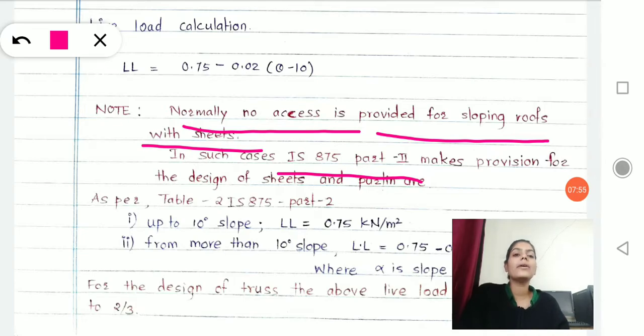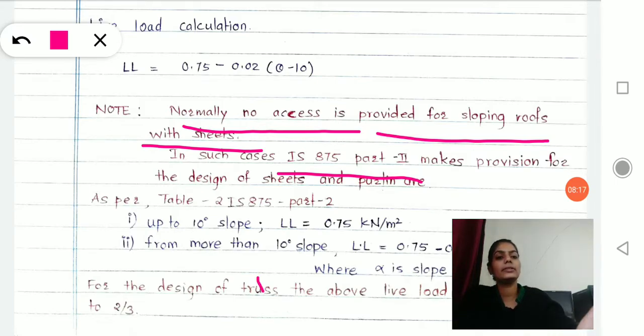Now, as per Table 2 of IS 875 Part 2, up to a 10 degree slope, live load will be 0.75 kilonewton per meter square.